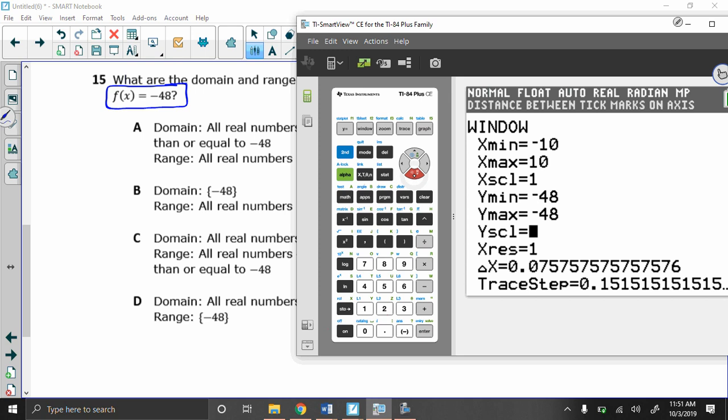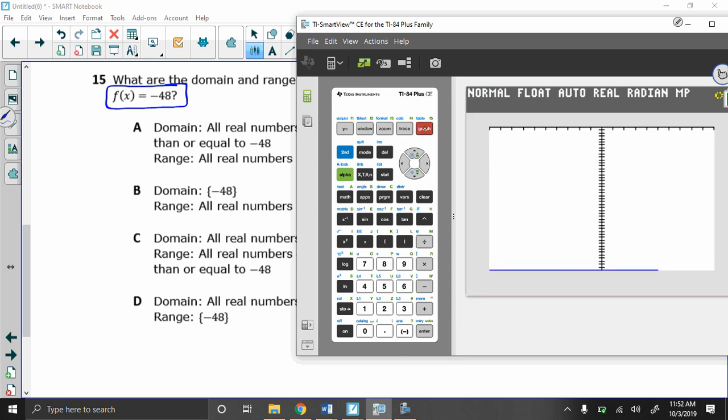So if I was to graph this, I only want to look at the negative values. So let's go ahead and graph it. And I see that my graph is down here at the bottom going through -48, because that is the number that it's going through. You can count each tick mark if you want.